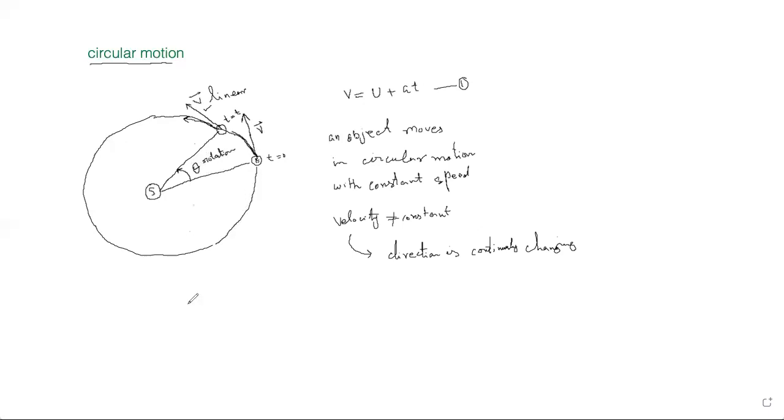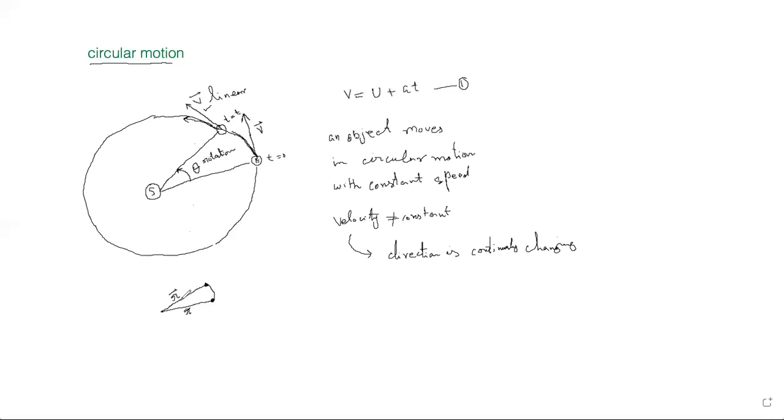Now let me draw this triangle-like situation. We have this almost curved path. This is position number one, position number two, and here is the center. This is a radial vector, and this is also a radial vector.